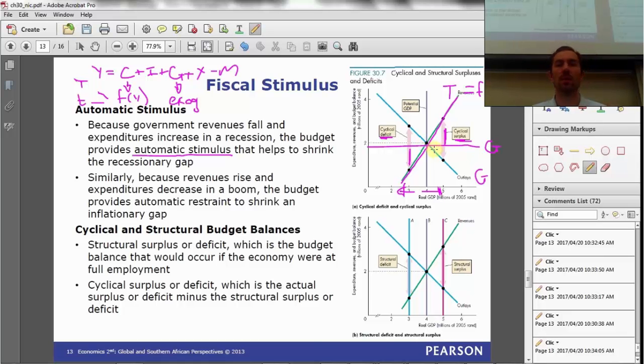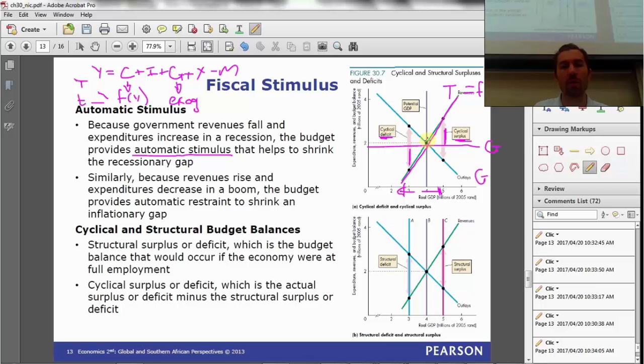Will it be a deficit? Would it be a surplus, or would it be what we call a balanced budget? A balanced budget is when tax revenues equal government outlays. So, it's a balanced budget, right? Okay. So here we would have a balanced budget if we were at potential.